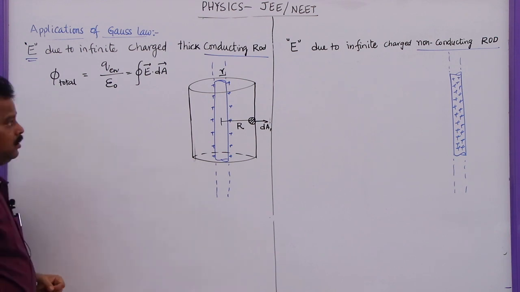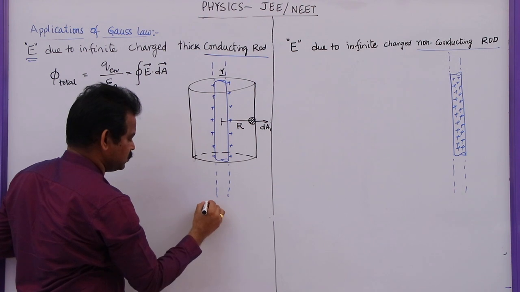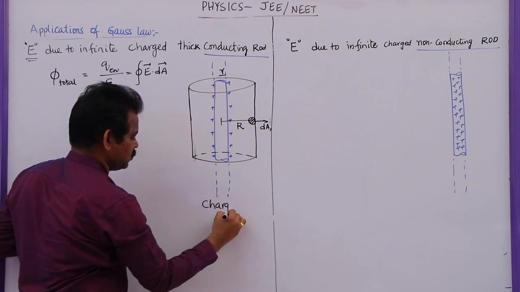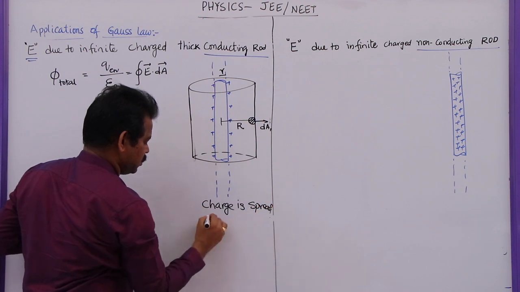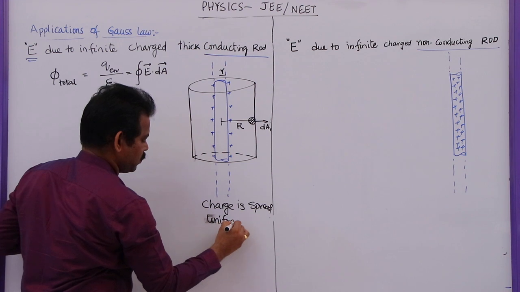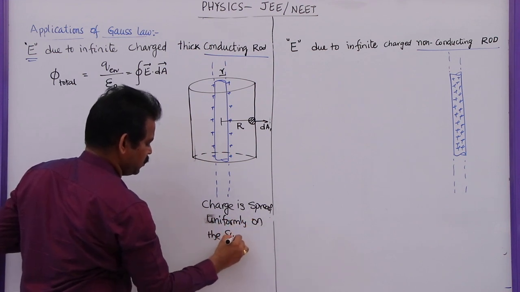Here, the charge is spread uniformly on the surface of the rod.